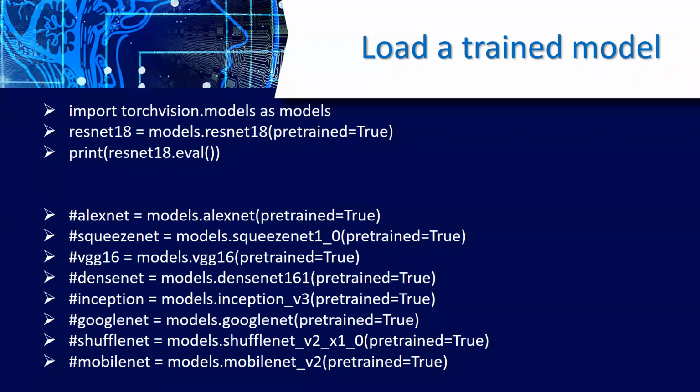You can download the structure and train with your own images. If you want to create a project with pre-trained GoogleNet, we can do that. If you want to develop your own architecture, we can do that. If you want to download pre-trained or untrained models, we have to import those models from PyTorch Vision.